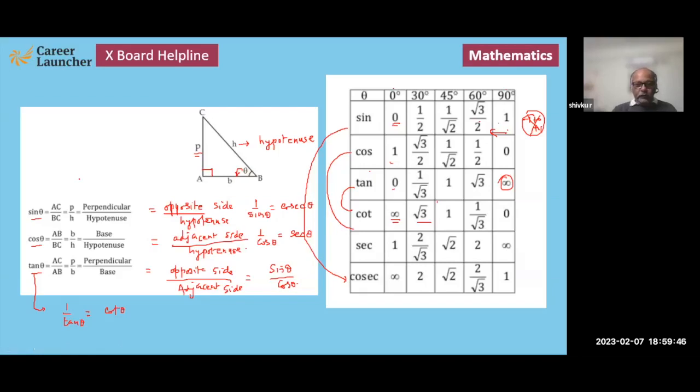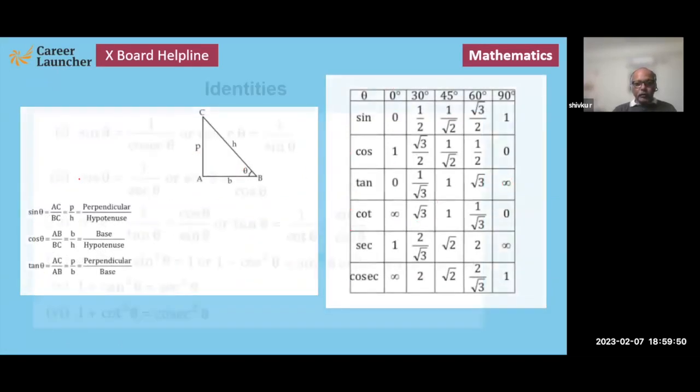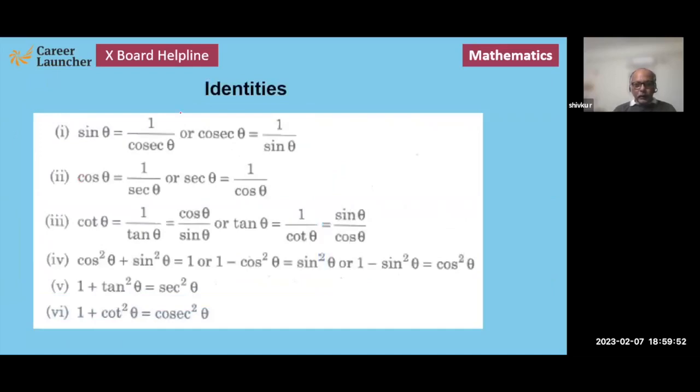Now, having understood this, the fundamental identity that you must remember is cos squared theta plus sin squared theta is equal to 1. You can also understand this with a right angle triangle, in case you forget it.